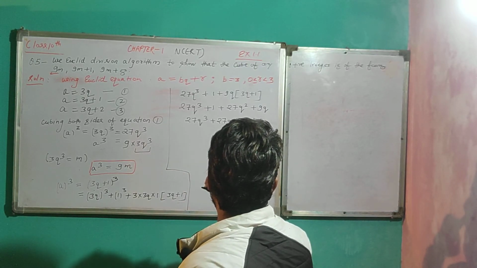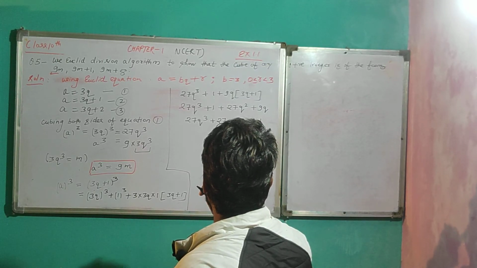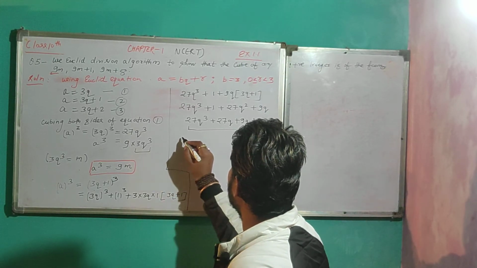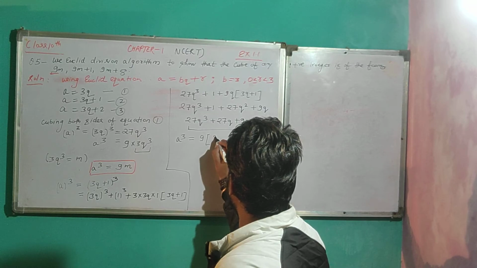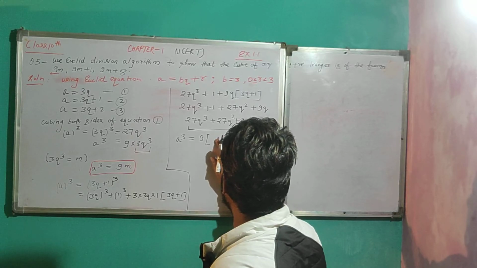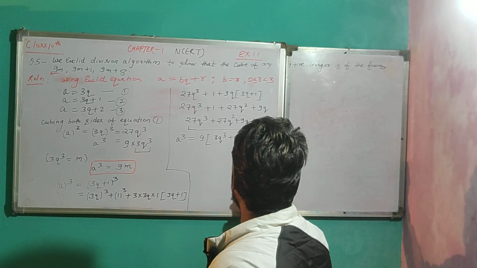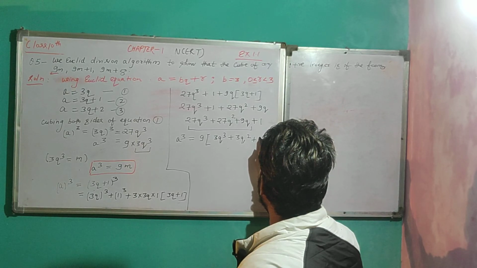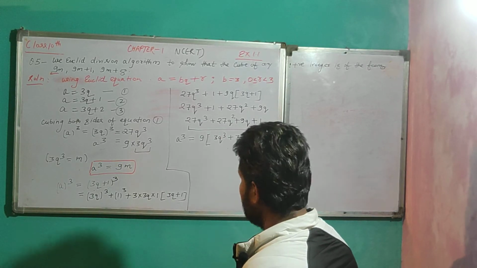Now taking 9 common from here, therefore a cube is equal to 9 bracket 3q cube plus 3q square plus q, plus 1.